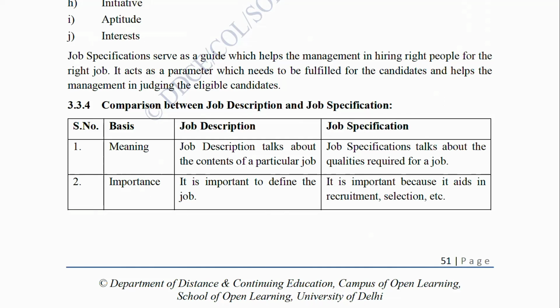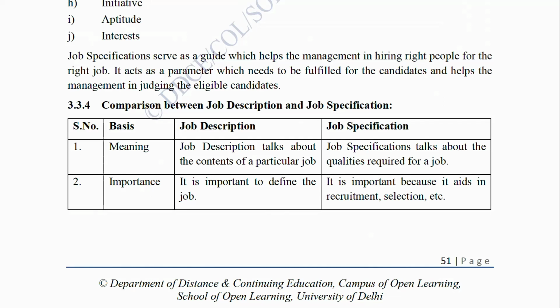3.3.4 Comparison between job description and job specification. Meaning: job description talks about the content of a particular job, whereas job specification talks about the qualities required for a job.